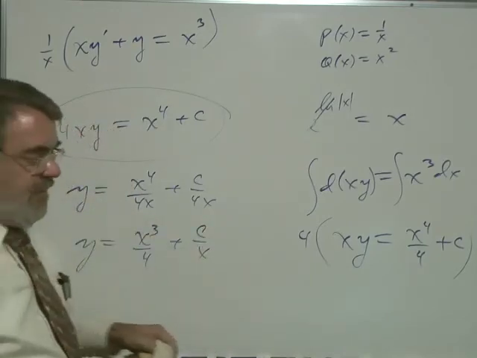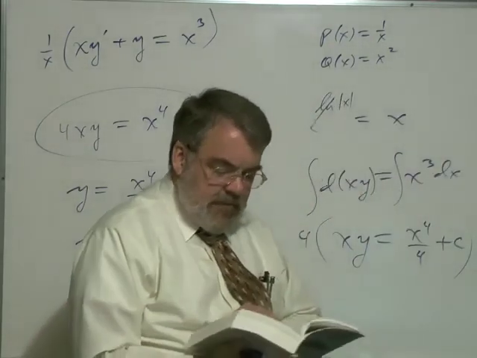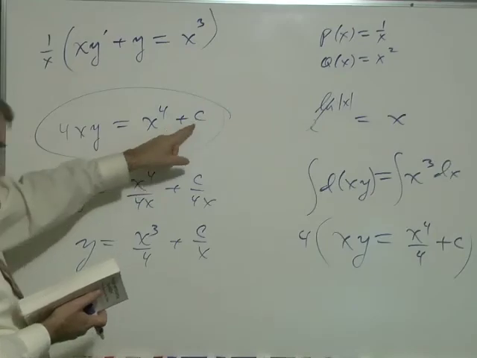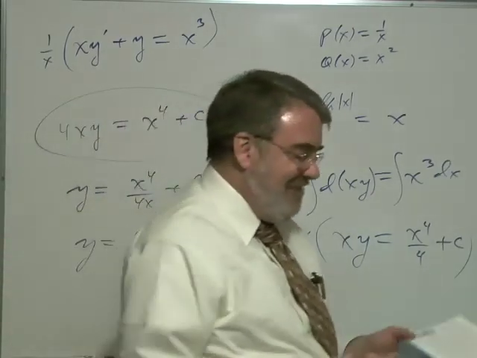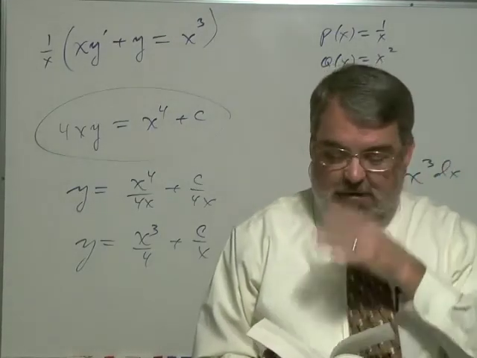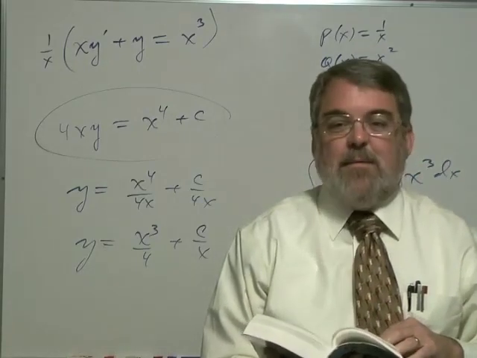So I'm not sure which form the book has. Let's see what they got, how they wrote it. 4xy equals x to the fourth plus constant. Okay, so this is what the book stuck with. Well, anyway, that's an example introducing our integrating factors, and I'll work a couple more problems here.